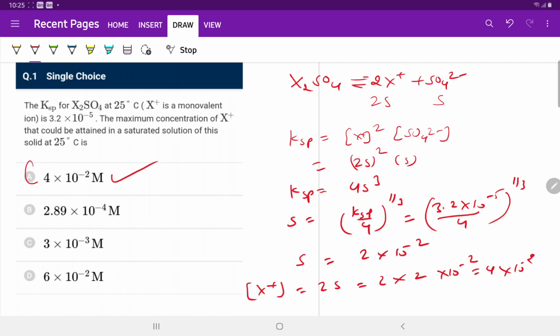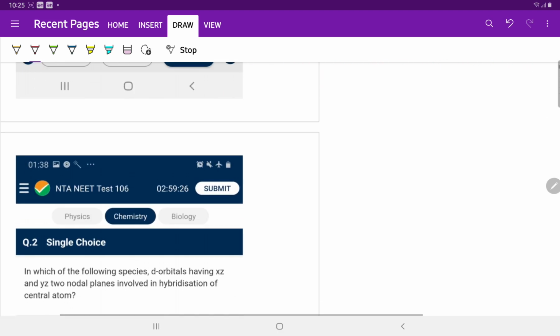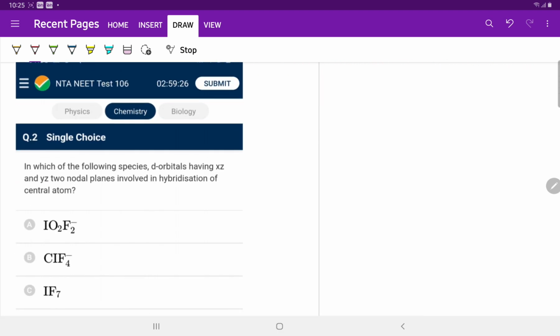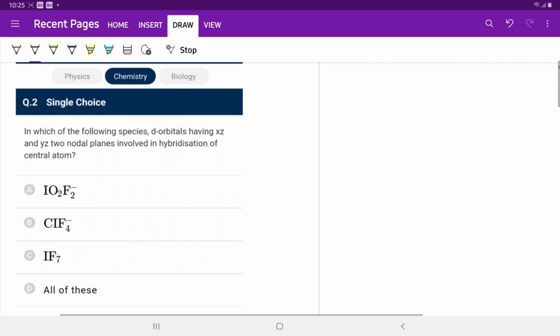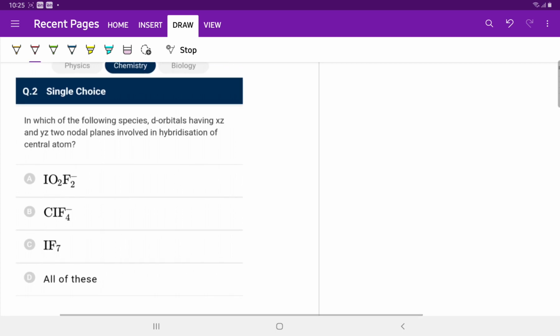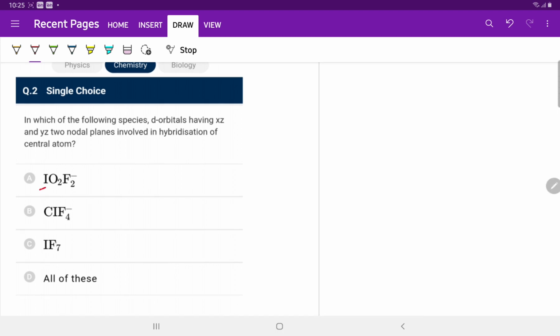We will move to question number 2. In which of the following species is the d orbital having xz and yz two nodal planes involved in the hybridization of the central atom? First is IO2F2. The hybridization is sp3d. The d orbital involved is dz square in triangular bipyramidal shape.